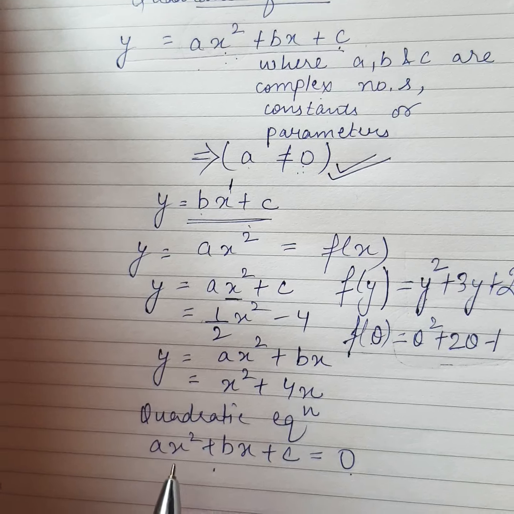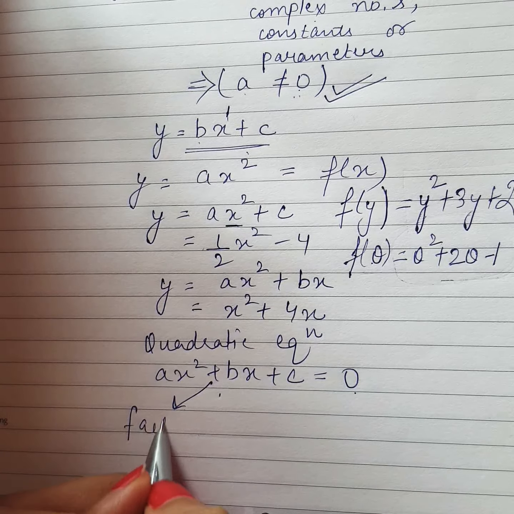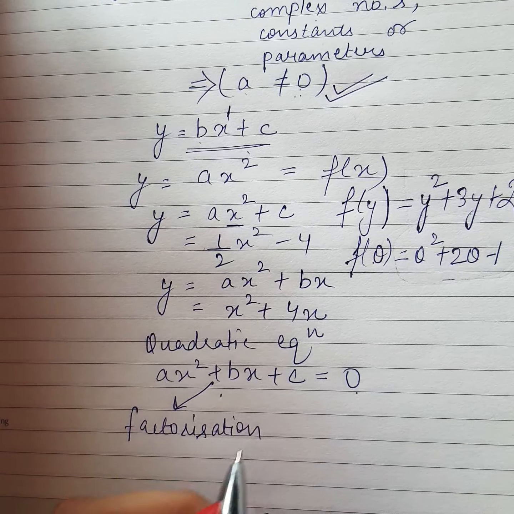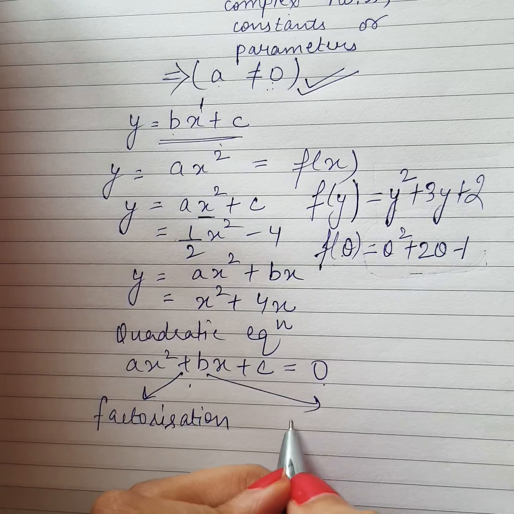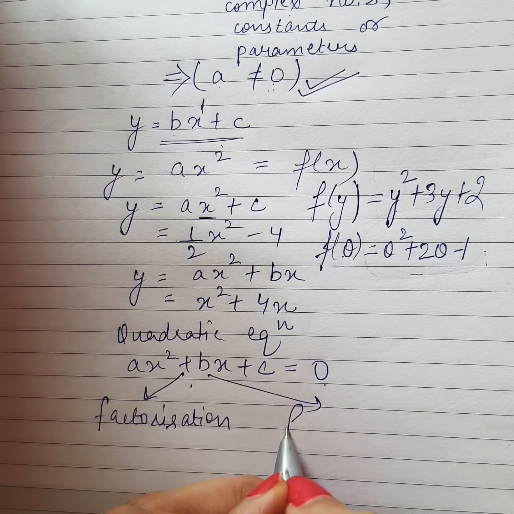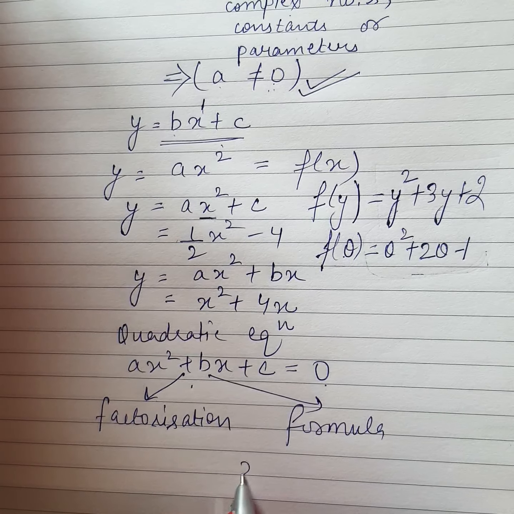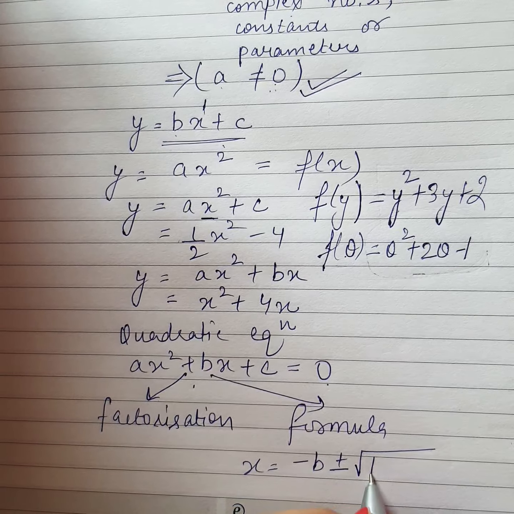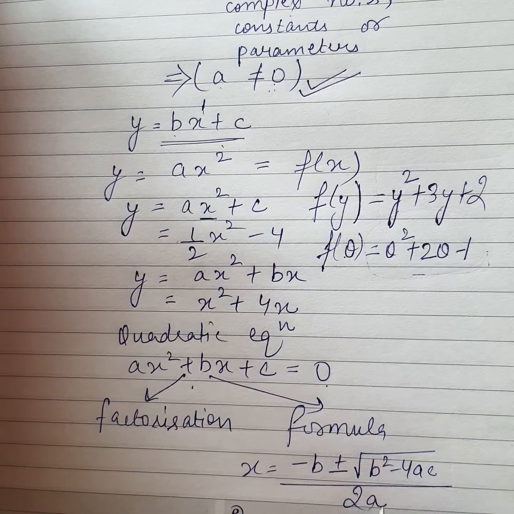Now you know how to solve a quadratic equation. There are two ways. One is factorization by splitting the middle term, or there are other ways also, and the second one is using the formula. The formula was x equals minus b plus minus under root b square minus 4ac upon 2a.